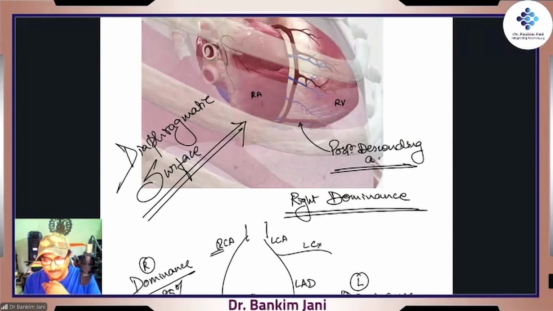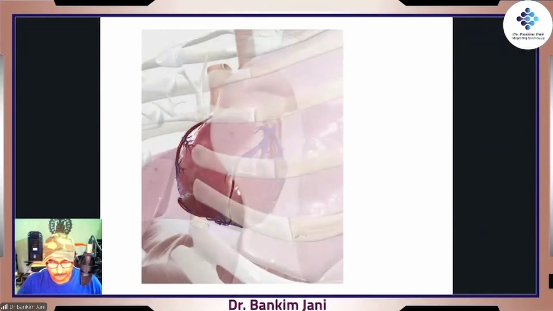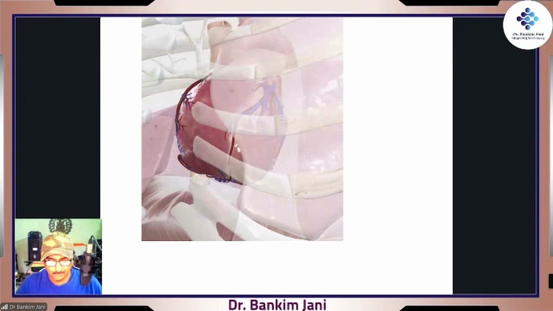So this posterior descending artery, as if you are watching from below, is in the area which is resting on the diaphragm. This is as we rotate the heart. As we rotate the heart, you will be able to see, very nicely, the right coronary artery, the left coronary artery, the left anterior descending, and the one going behind it, the left circumflex.